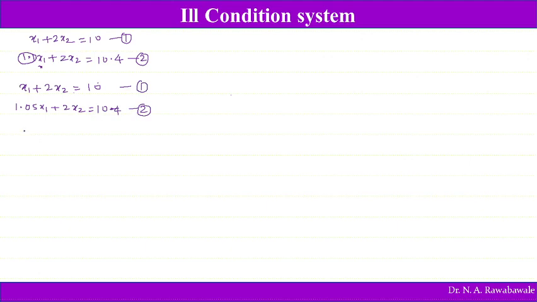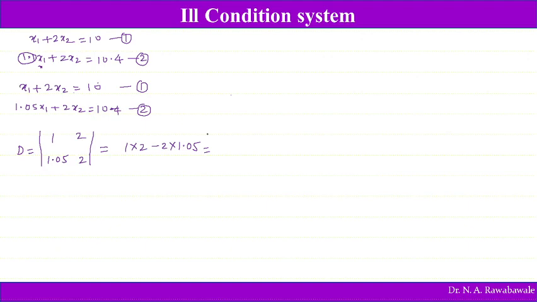So now we'll have determinant D, that is nothing but coefficients 1, 2, 1.05, 2. Then the value of this determinant is 1 into 2 minus 2 into 1.05.